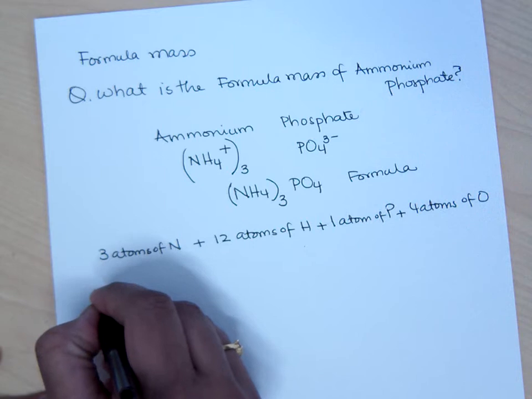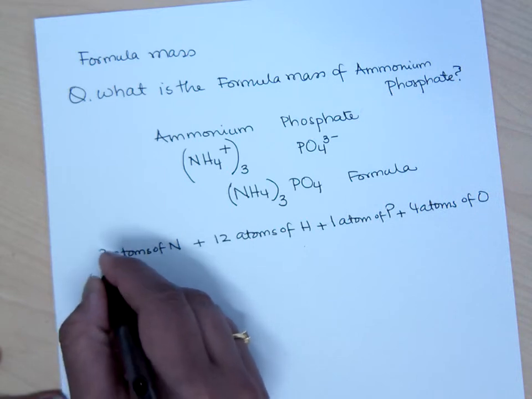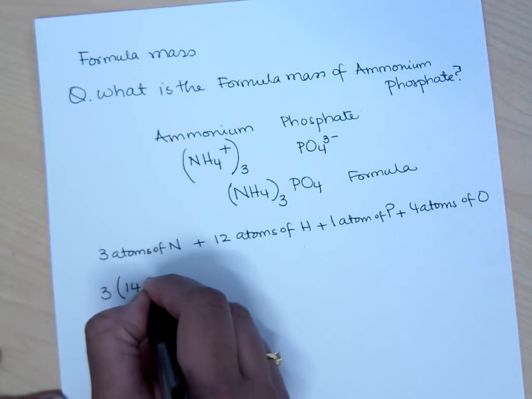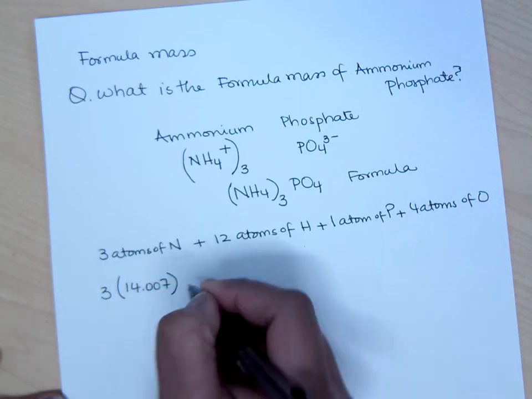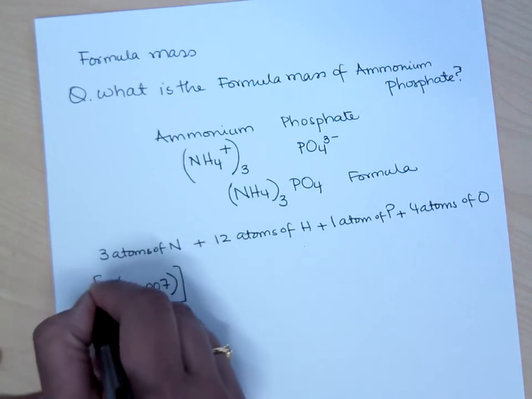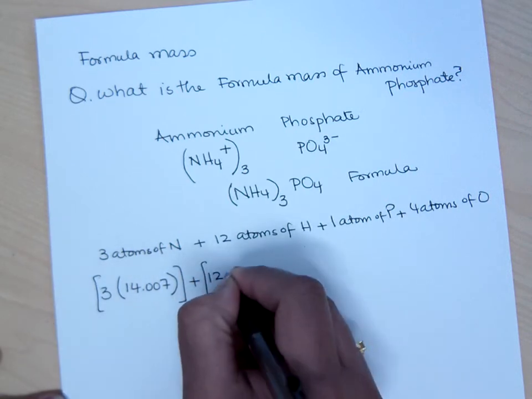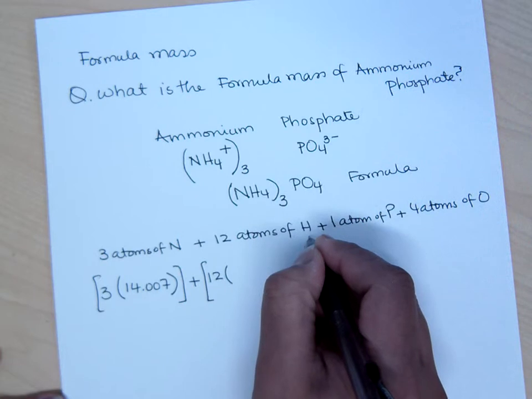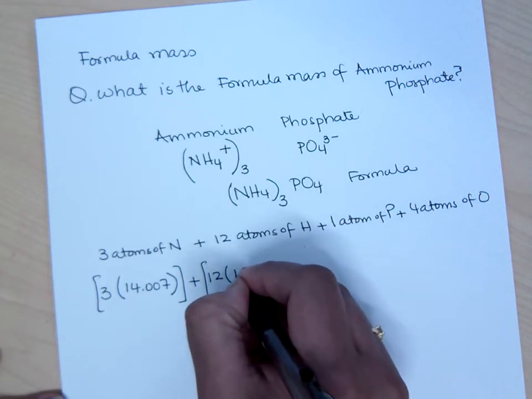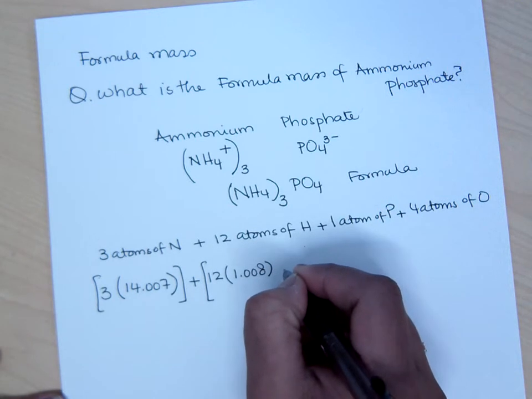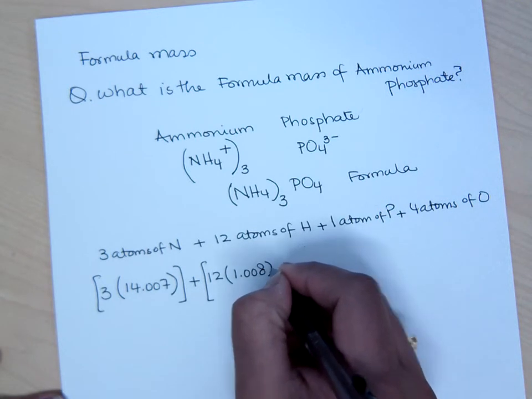So with this math, we are going to take 3 multiplied by the mass of nitrogen in the periodic table, plus 12 multiplied by the mass of hydrogen from the periodic table. Remember, it's the bottom number underneath the symbol that you are picking these values from.